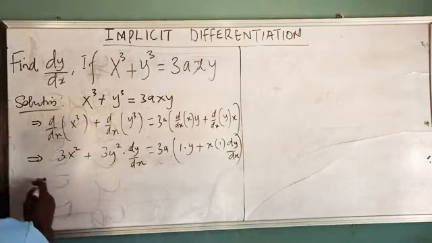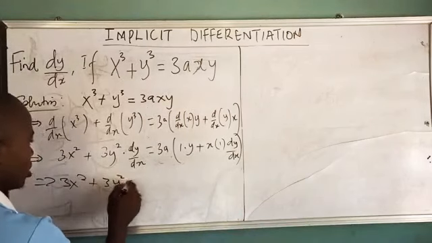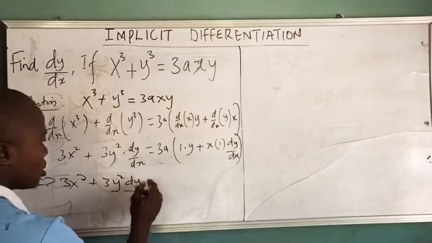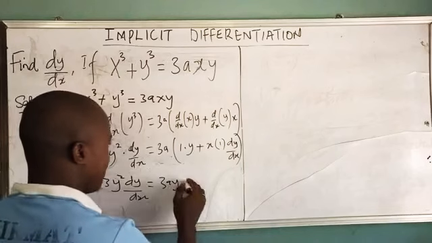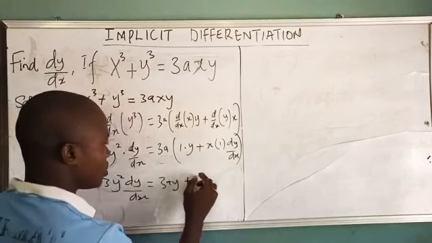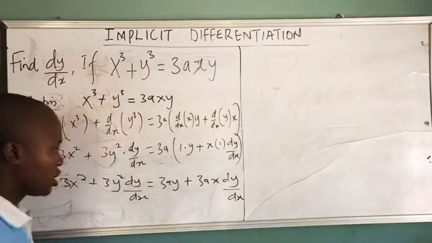We have 3x squared plus 3y squared dy/dx equals 3ay plus 3ax dy/dx. Are you getting it now?